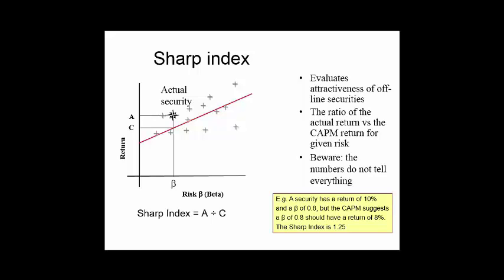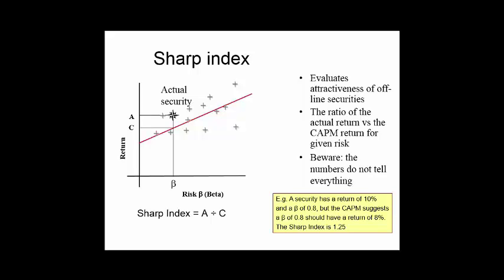The Sharpe index evaluates the attractiveness of securities by evaluating the ratio of the actual return, which in this diagram is shown as the quantity A, compared to the CAPM return calculated using the security's beta, which gives us the return C on the diagram. While we have to be wary that the numbers here will not give us a full picture of the security, it certainly gives us an indication of where we should start to be doing further research.